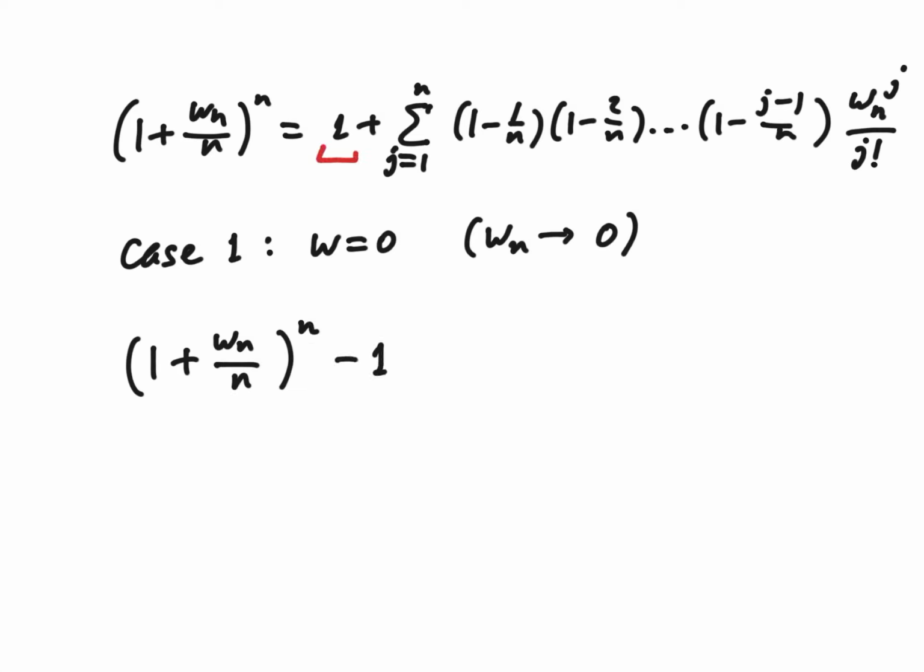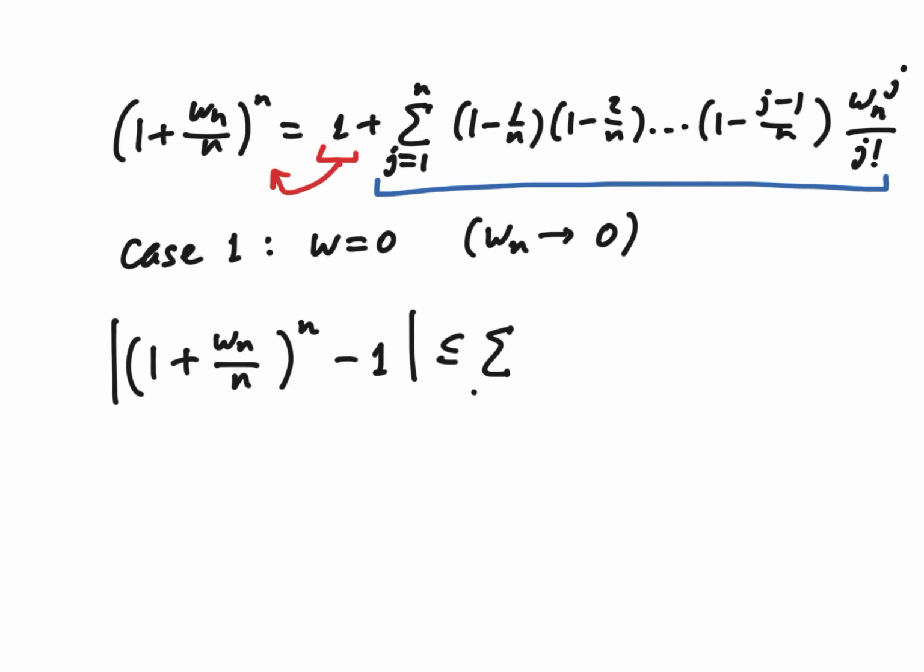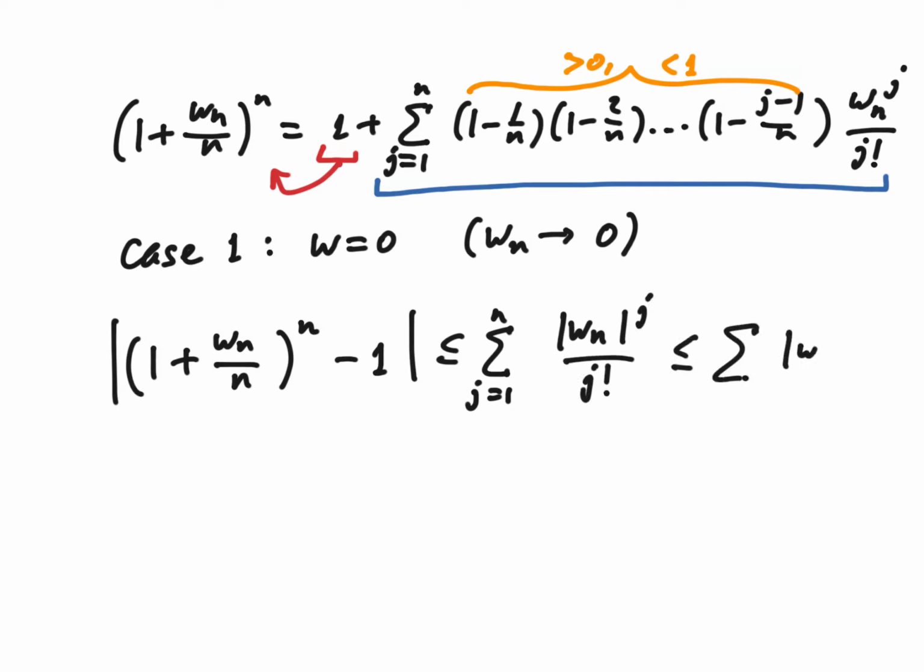We can subtract 1. And the 1 is conveniently here, so we just move it over. Then you just take absolute values, and you'll be left with the absolute value of this entire sum. So by the triangle inequality, that's less than or equal to the sum of the absolute values of the terms. Now all these factors here are positive and less than 1. So we can upper bound them by 1, and we're just left with this as an upper bound.